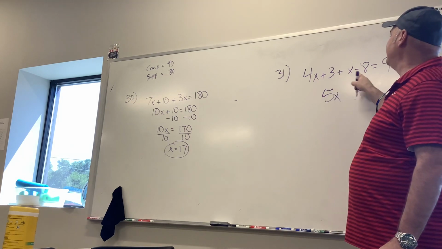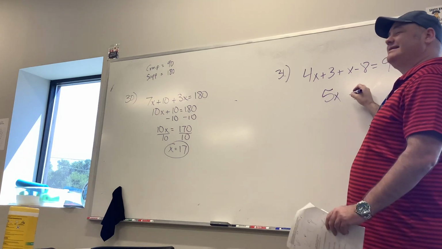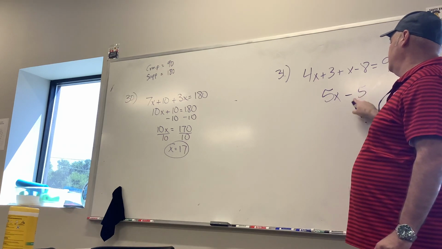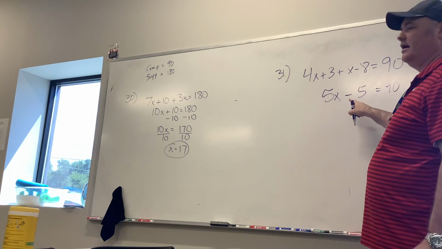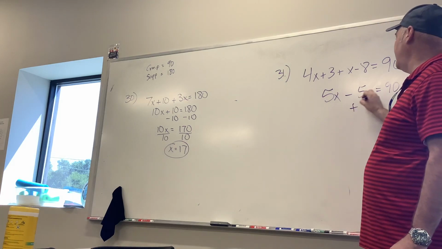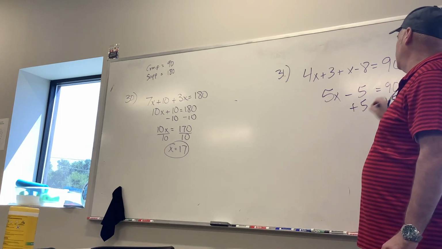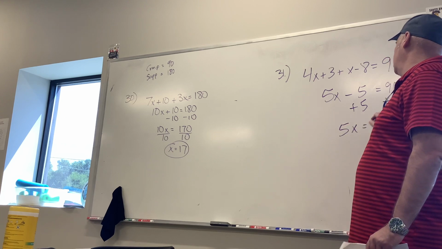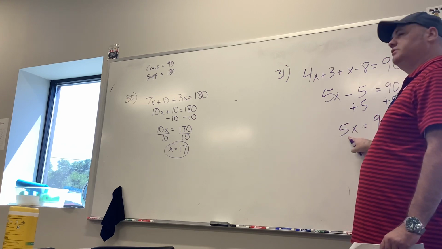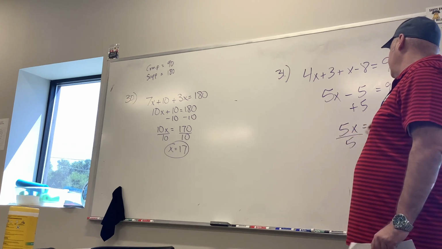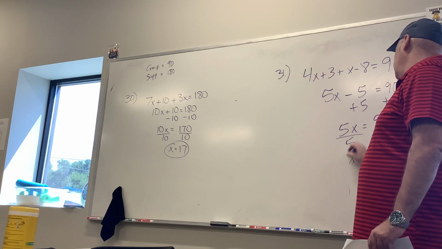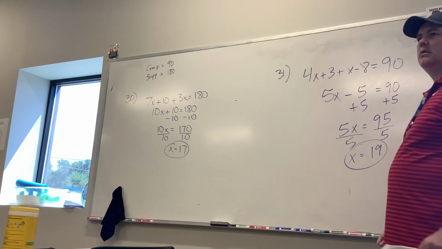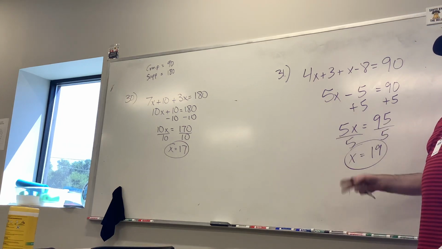And then 3 minus 8 is negative 5. And instead of subtracting 5, I'm going to add 5. And then instead of multiplying by 5, I'm going to divide by 5. And x is going to be 19.